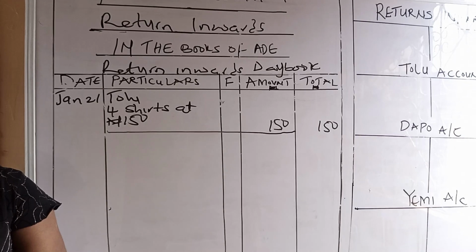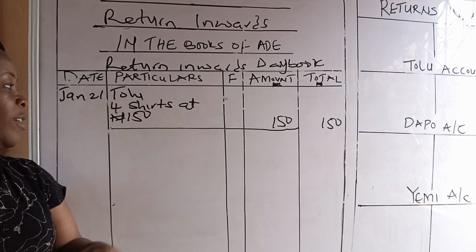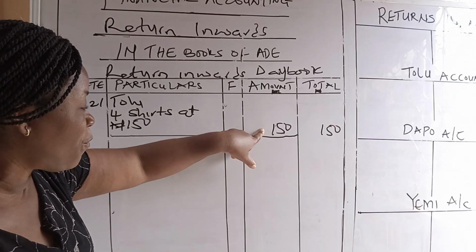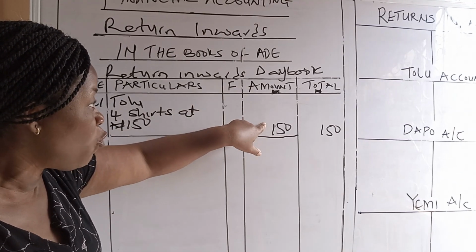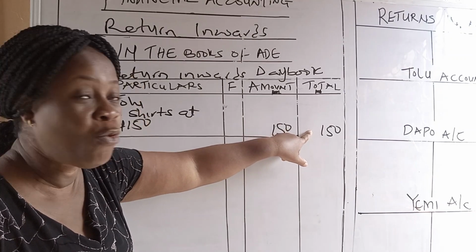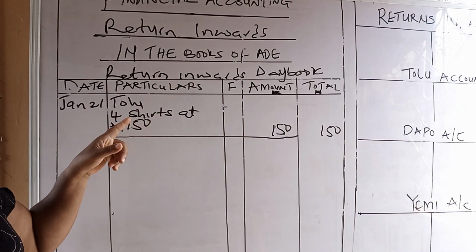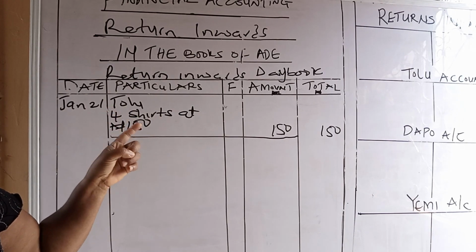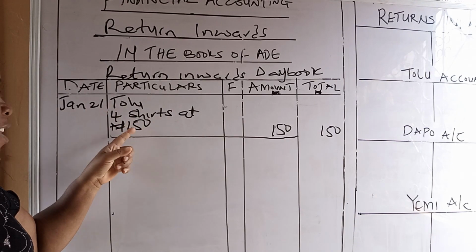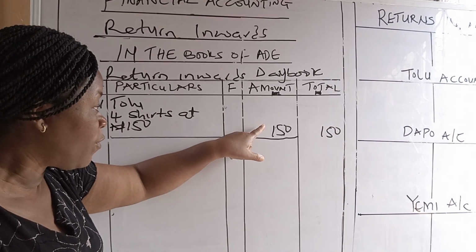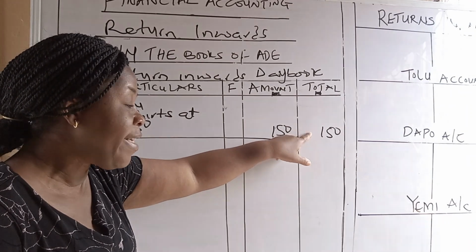It's worthy of note that I wrote 150 naira under the amount column and the total column because the question says 4 shirts at 150. It doesn't have "each" included in the question, and that's why the amount remains 150 and the total the same.